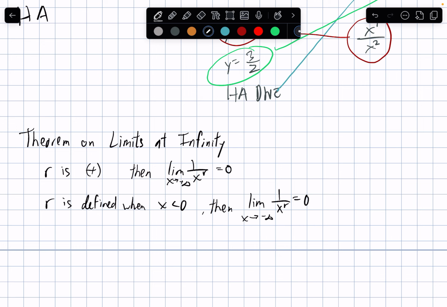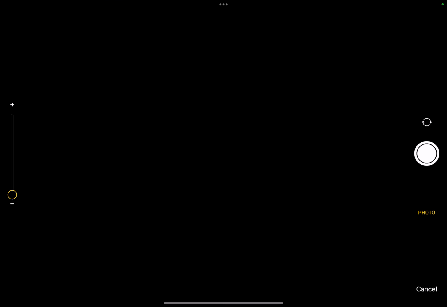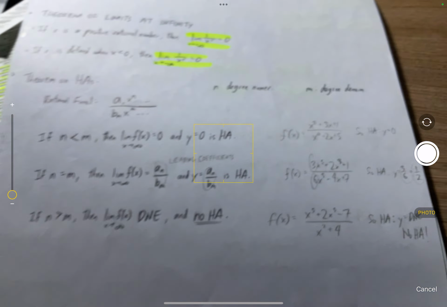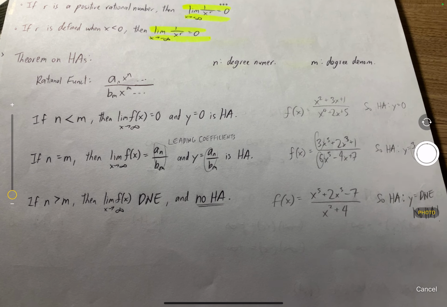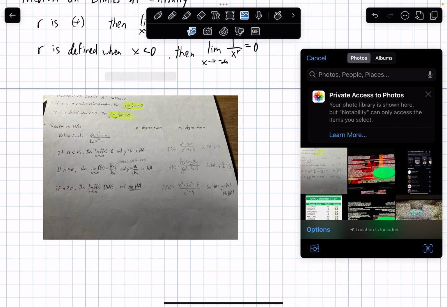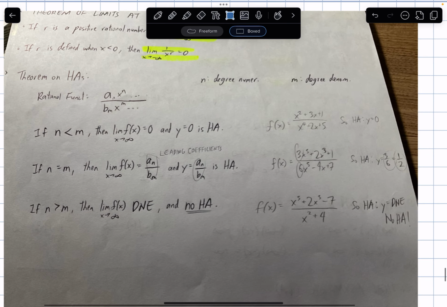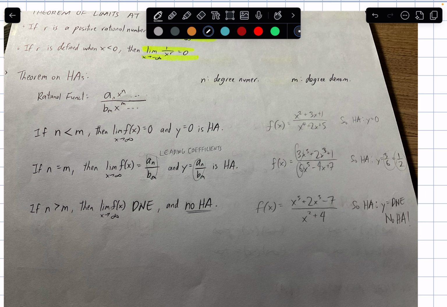Can't really elaborate more on this. This is what I was trying to say a while ago. I hope it's not too late, but this is what it is. Yeah, that's it. Next lesson.